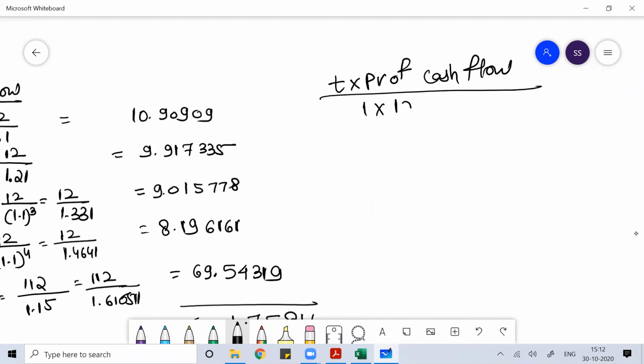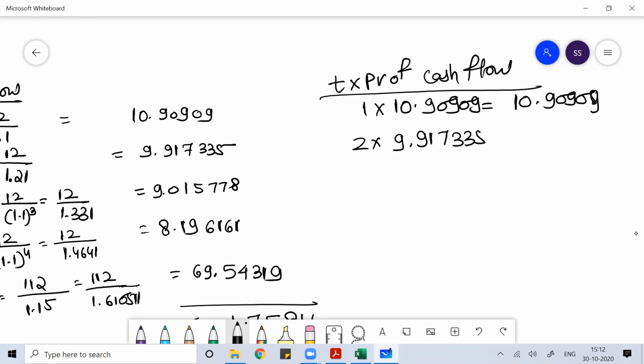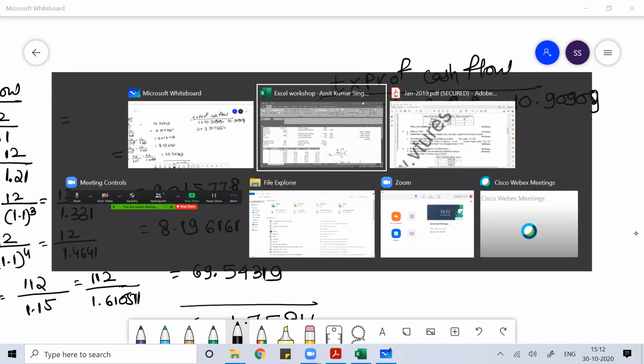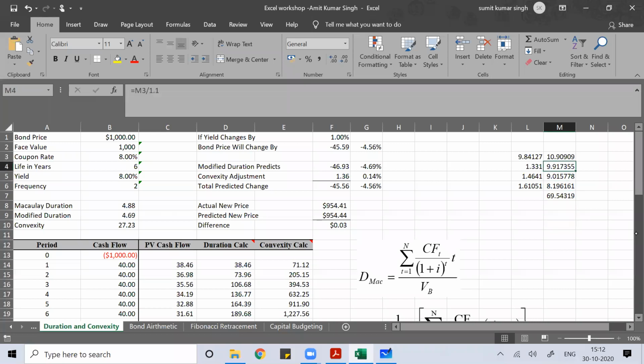So 1 into 10.90909, then 2 into 9.917335, this into 3, this into 4, and this into 5.